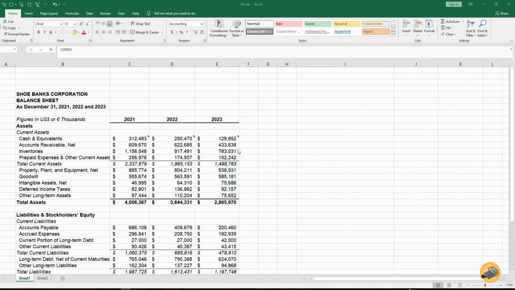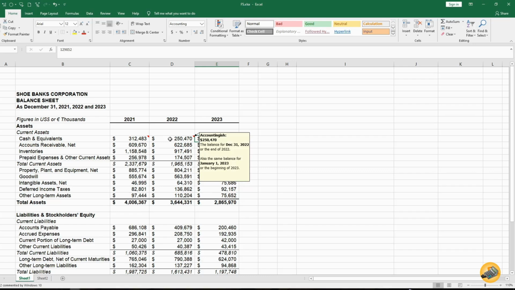And that also translates to January 1, 2022, the start of 2022, where we have a balance of 312,483 under cash and cash equivalents. So in 2022, we start off with a 312,483 balance.